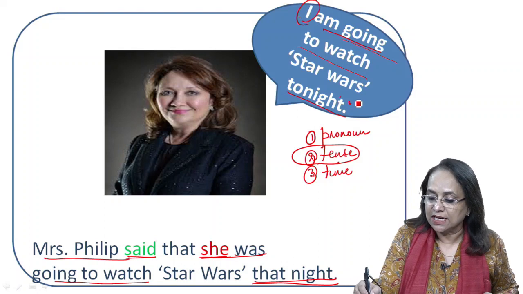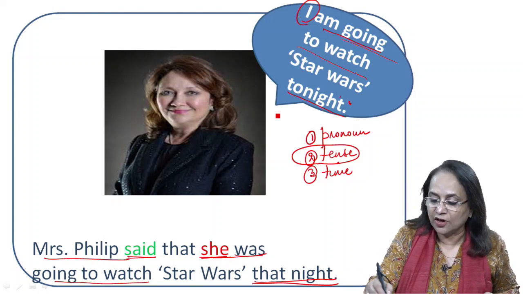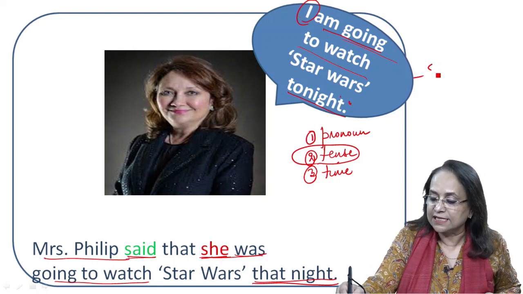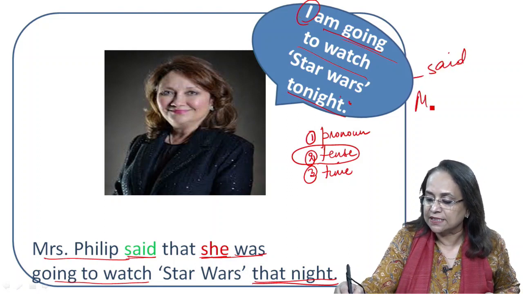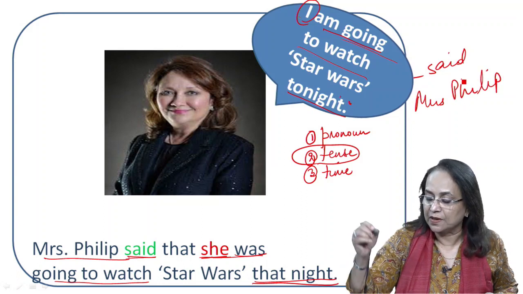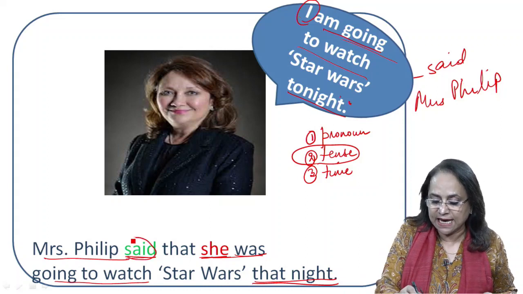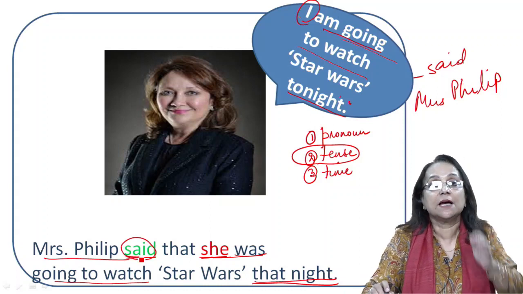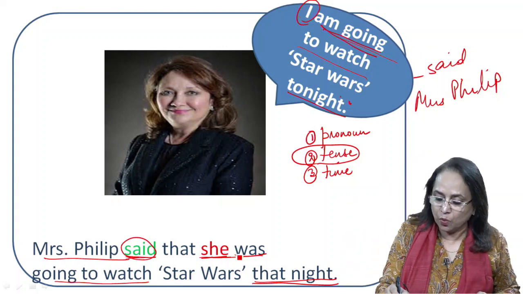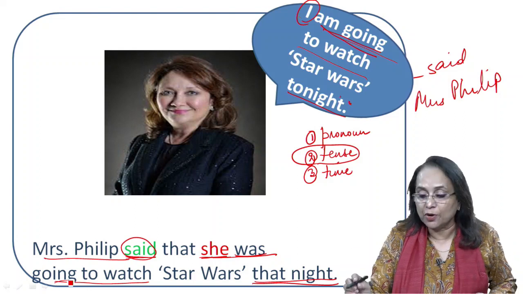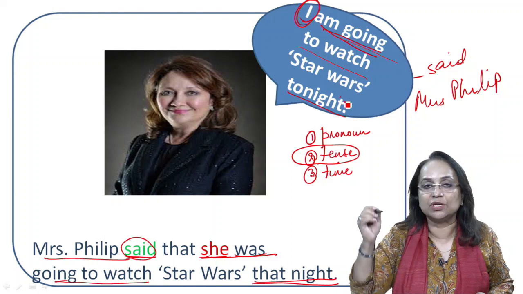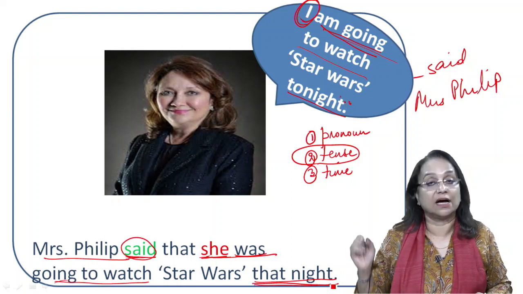The moment it was said, Mrs. Phillips said, reported verb is in the past. So present continuous, I am going, becomes was going. Pronoun I has changed to she. And the time tonight has changed to that night.